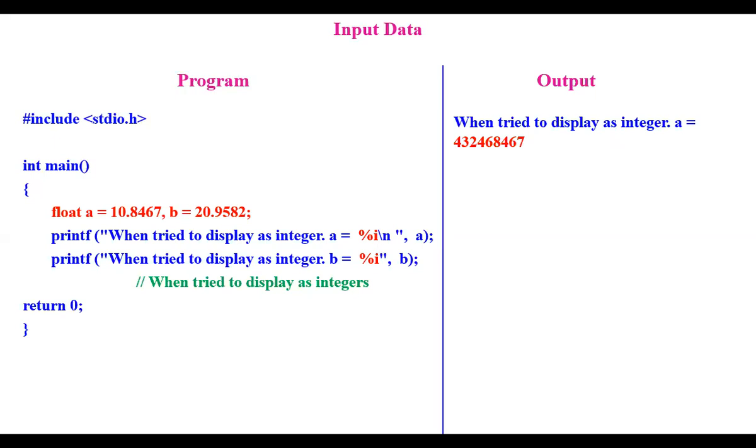What are they? We'll discuss later. For the time being, you have to be careful in displaying the data types in a proper way and also in declaring the data types in the proper way. Declaration as well as display, both are important. Otherwise, we get this junk. Clear? Next.